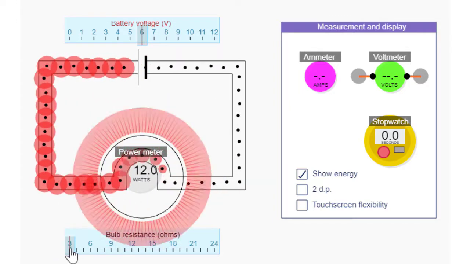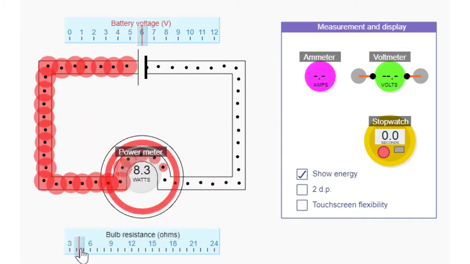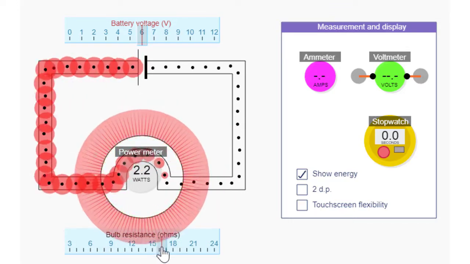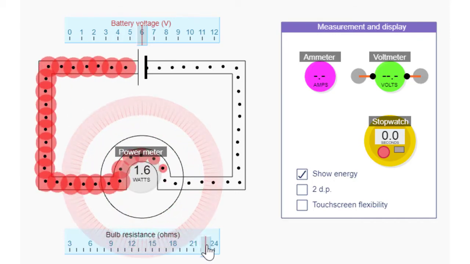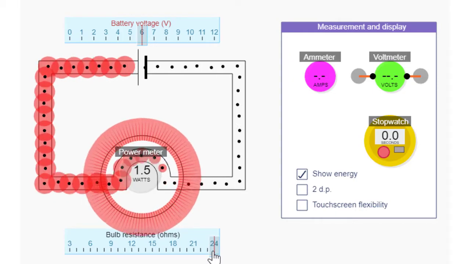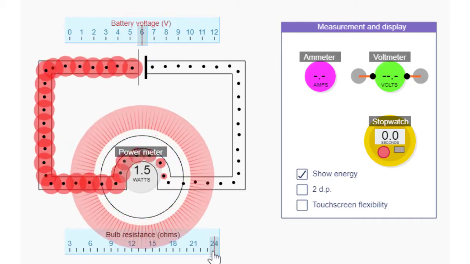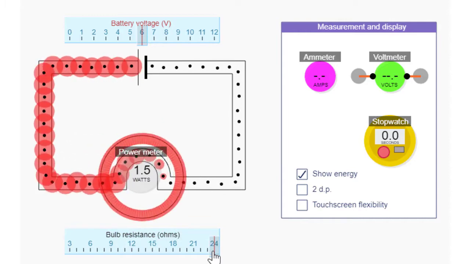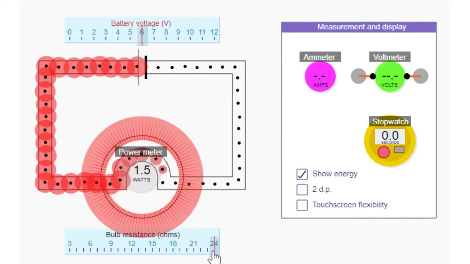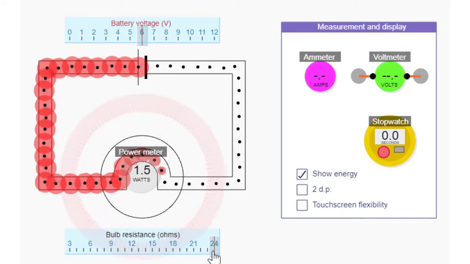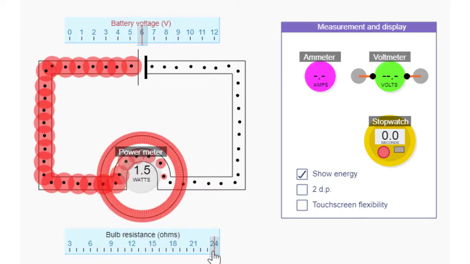Watch, starting from a low resistance and going up to a high resistance, you can see that the power goes down and down and down, because the current gets smaller and smaller, but the potential difference stays the same. And because the rate at which energy is shifted in the lamp has gone down, the rate at which energy is shifted from the power supply has gone down as well. And that means the power supply is working less hard.